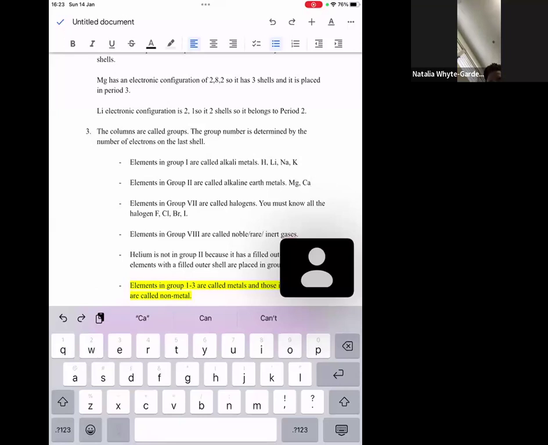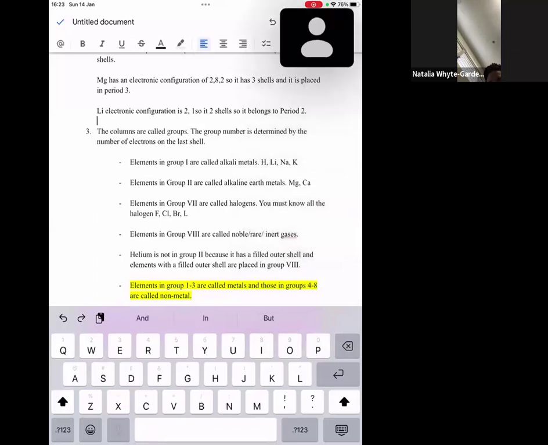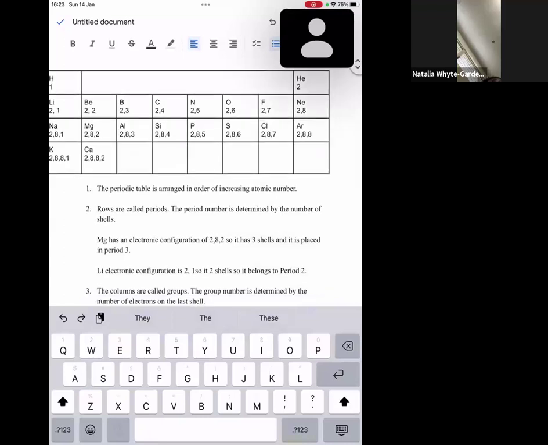Elements in group 8 are called rare, noble, or inert gases, and those have a filled outer shell. Now helium, if you go back up here, we're seeing where helium is placed in group 8.